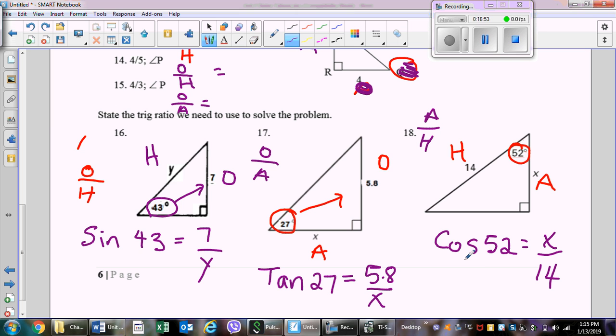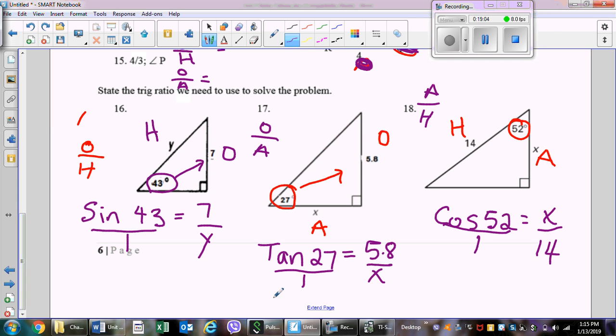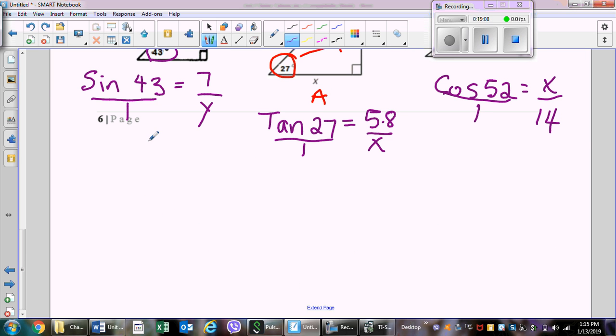Okay, now we have a ratio. Then you're going to cross multiply. I can maybe do one of them because I don't want to extend this more, but you guys can continue to do it. When I cross multiply, this is what I get, right?